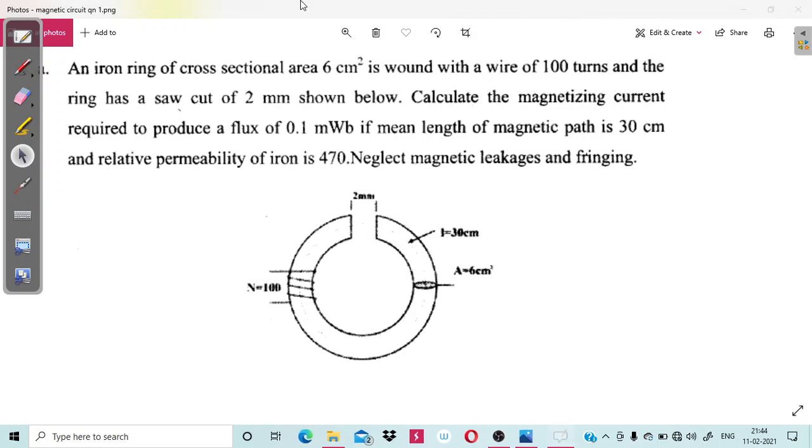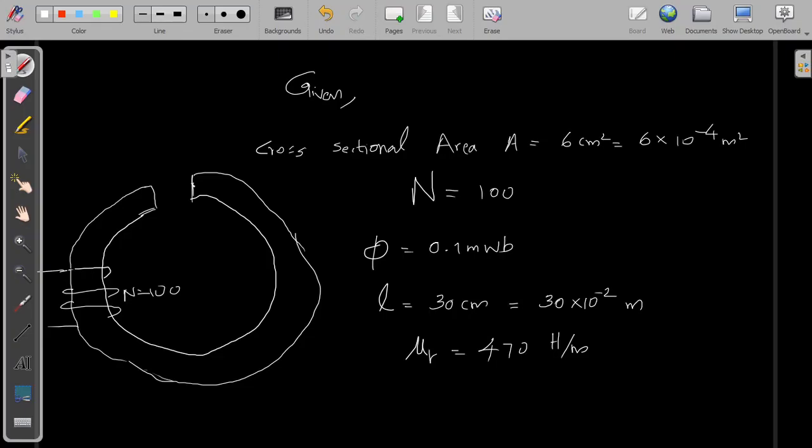And we have this magnetic leakages and fringes. Magnetic leakage means if current I is flowing, then a magnetomotive force, mmf, will be produced, and due to the magnetomotive force we will get the cause, that is magnetic flux.